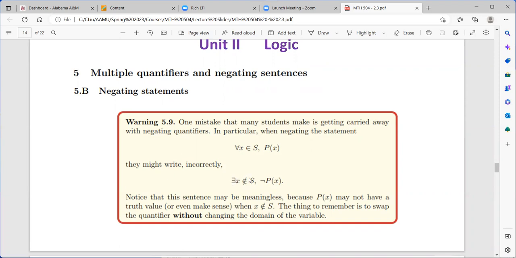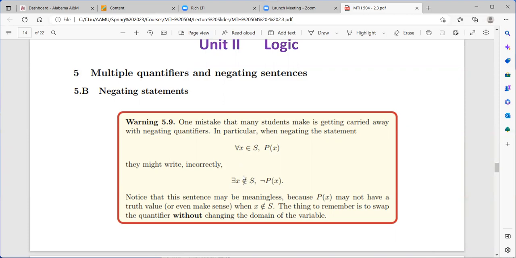You do not change other things in that part. Of course, you need to negate the open sentence, but for the quantifiers part, you don't change everything else. You just swap the quantifiers.